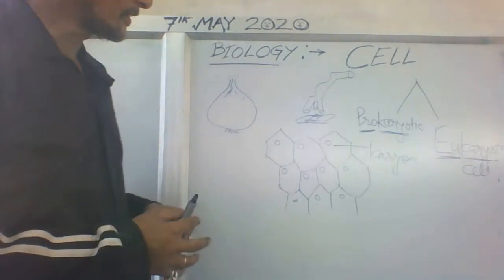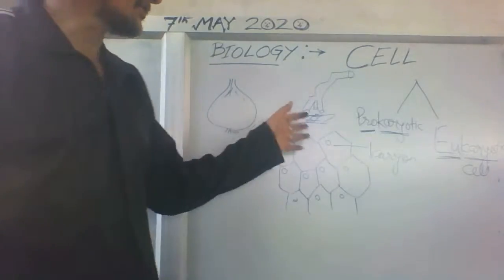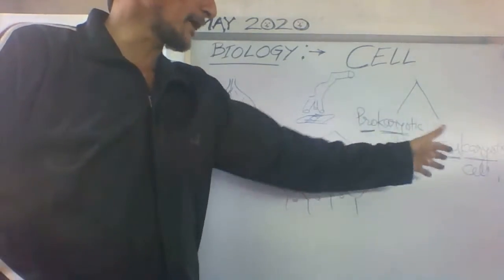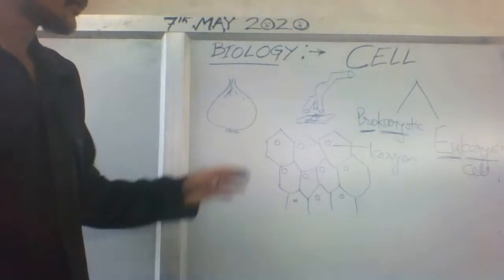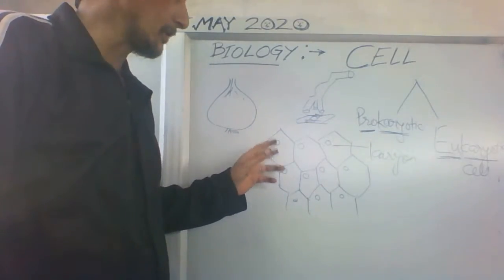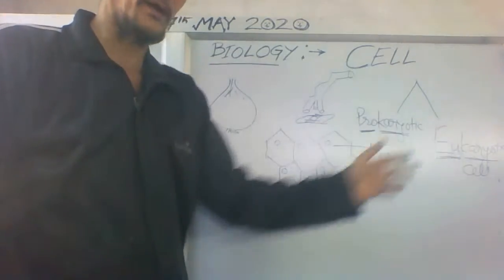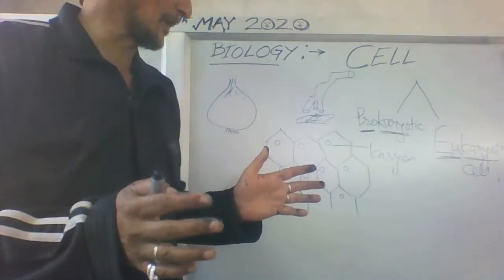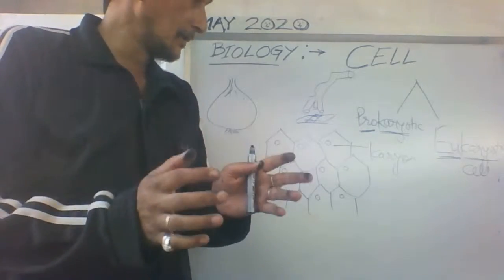So, students, we came to know about the cell, that cells have two types. They are the prokaryotic cell and the eukaryotic cell. Prokaryotic cells do not have a clearly demarcated nuclear structure, whereas the eukaryotic cell has a clearly demarcated nucleus structure and it is clearly visible.